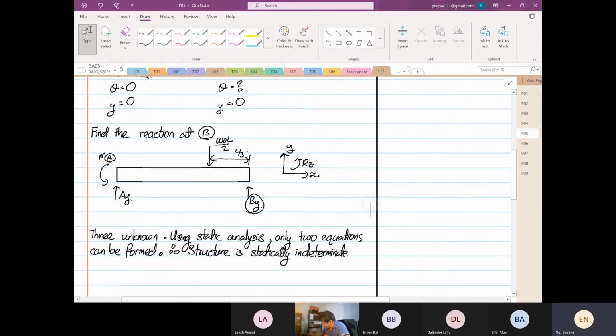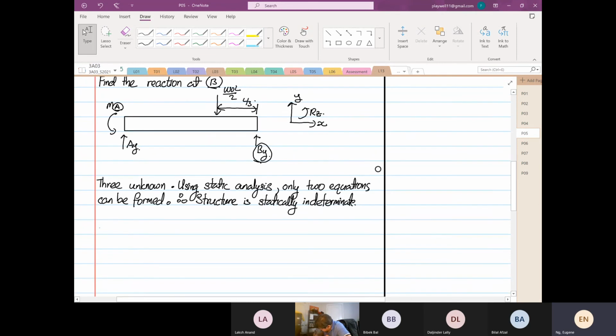So we can do summation of forces in the y direction. Right? So we will have AY plus BY minus omega naught L over 2, and the whole thing is equal to 0.